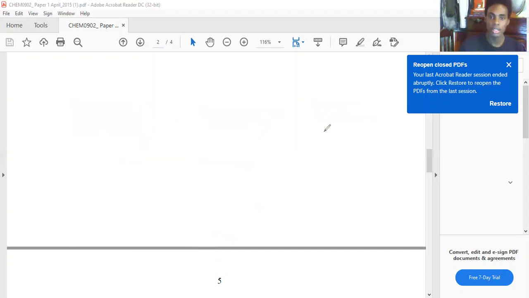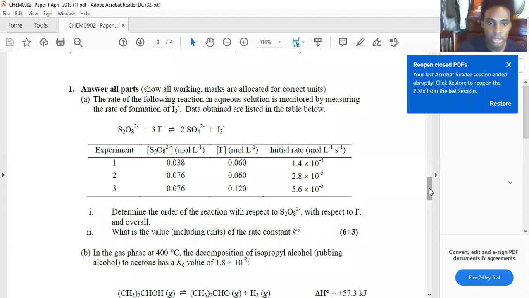Okay, so look at the values for iodine. We did basically the same thing that we did for sulfur, right? But we're doing it for iodine now, where we choose two experiments that have different values for iodine but the same value, same moles per liter, for sulfur.